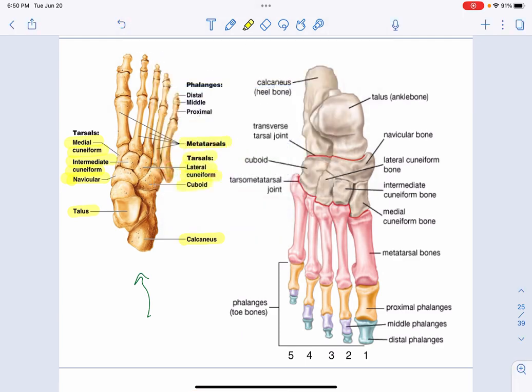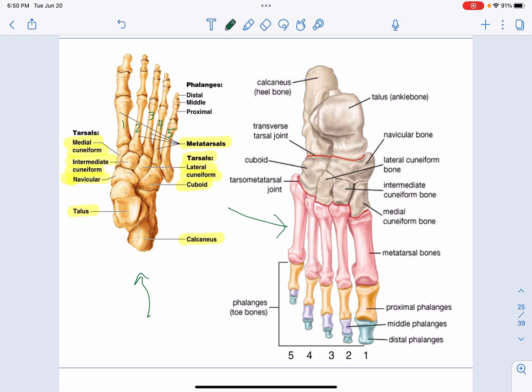All right, and they are going to be numbered the same way that the bones of our digits were labeled. So just like our thumb was number 1, the big toe is number 1, then 2, then 3, 4, and 5. And this is all labeled here, but I'm just taking you through this image first.